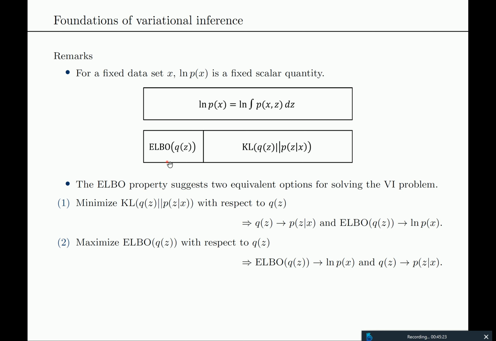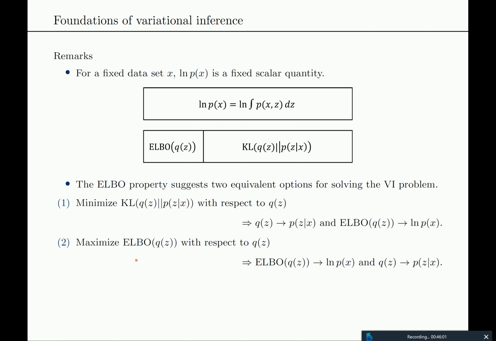If we increase the ELBO, so we take this division here and push it in this direction by changing q(Z), what happens is, of course, that the KL divergence again gets smaller, so q(Z) gets closer to the posterior, and at the same time the ELBO becomes closer to the log marginal likelihood. And this way of doing variational inference is in some way the more common way to think about things.